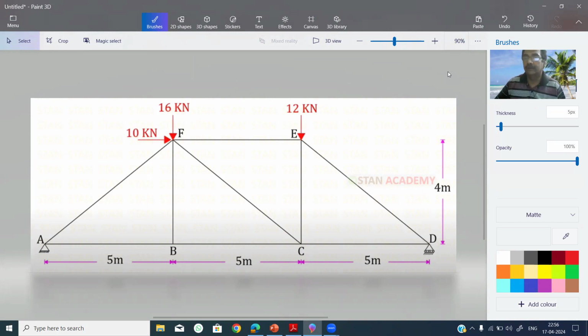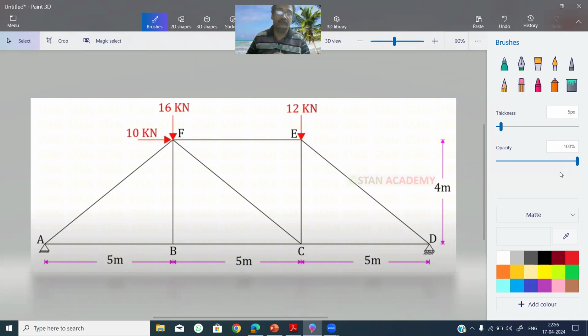I think everybody knows it. Section means one cutting. Now you need to cut your truss into two parts. The first condition is you need to cut the truss into two parts. How to cut it? Now we'll see.